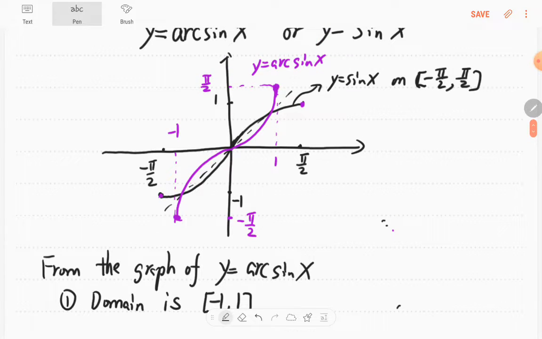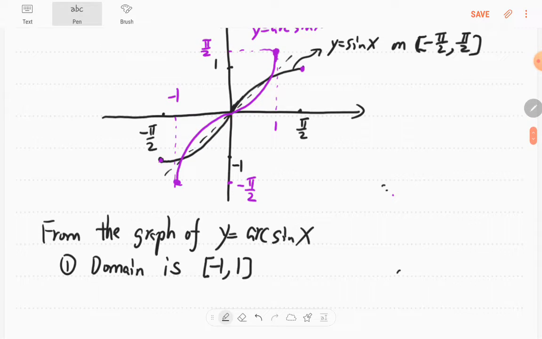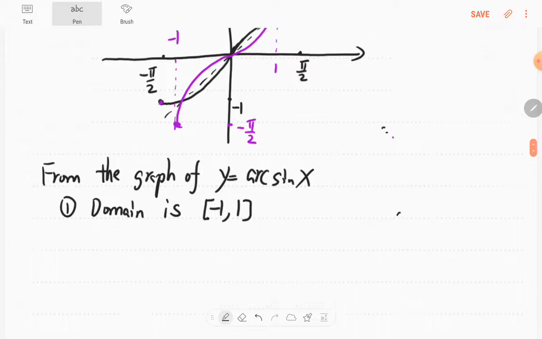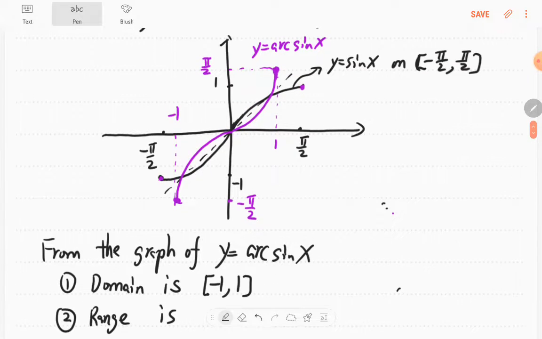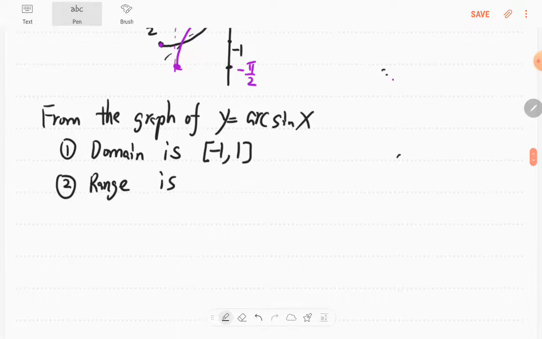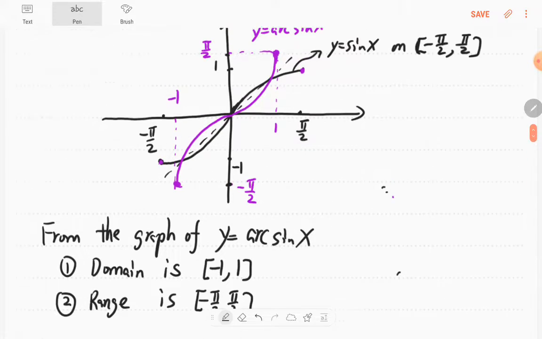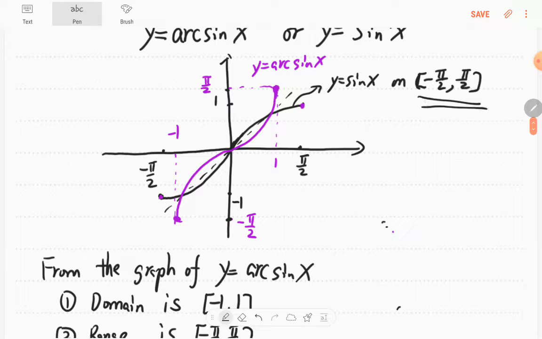Which is the range of the sine function. The domain of the inverse is the range of the original function. So negative 1 to 1 is the range for sine x. And the range is the y values, which is from negative pi over 2 to pi over 2, which is actually the restricted domain for the sine function. So the range of the inverse function equals the domain of the original function.